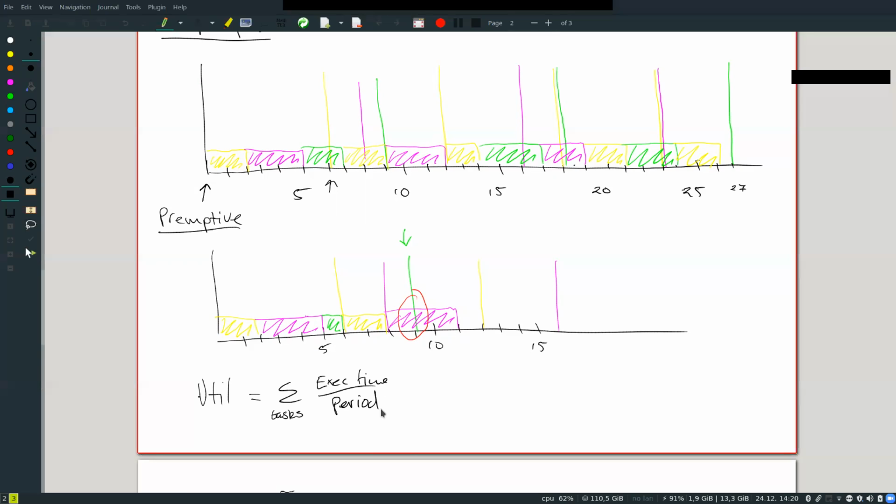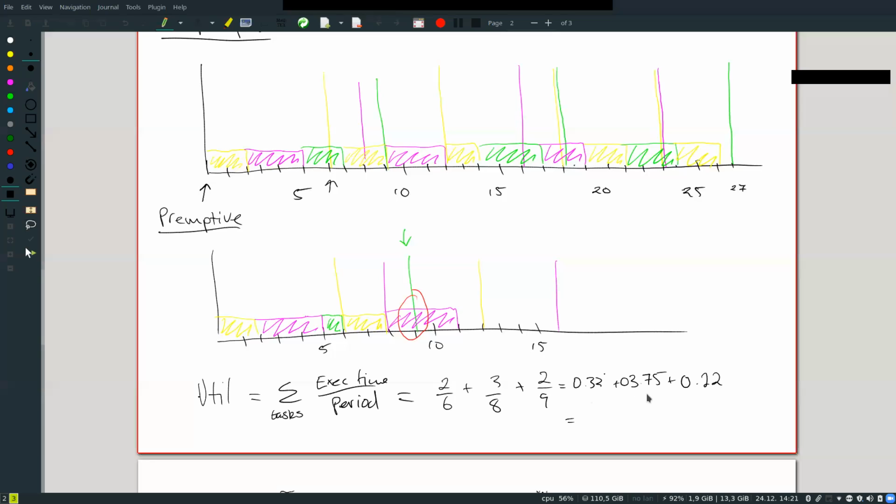This is just saying how much of the CPU's workload is generated from this task, given how long it takes and how often it needs to run. And so if we were to do this, we would see, for instance, that we would have 2 over 6 plus 3 over 8 plus 2 over 9. So this would be 0.33 recurring plus 0.375 plus 7/9, about 0.22.